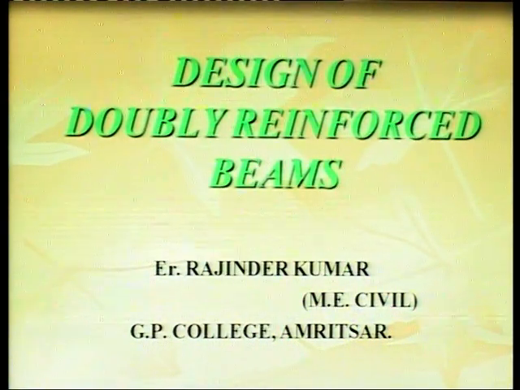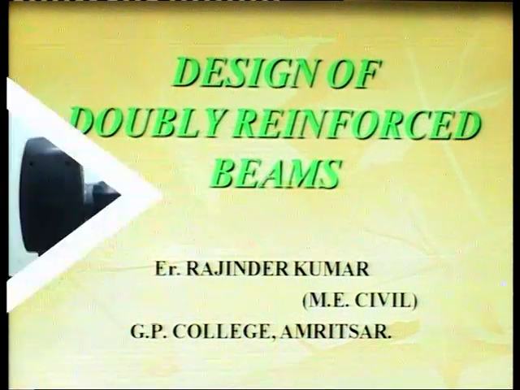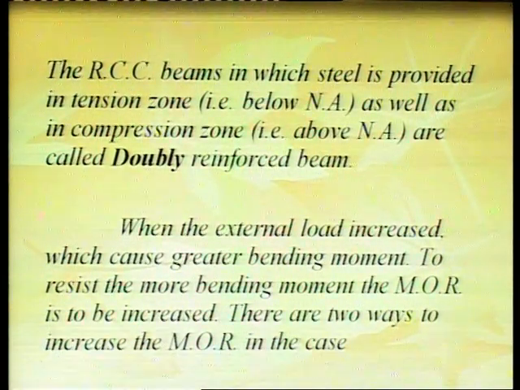So dear students, a beam is any structural member which resists load mainly by bending, therefore it is also called a flexural member. It is generally of a rectangular shape. Now the question is, what is a doubly reinforced beam?